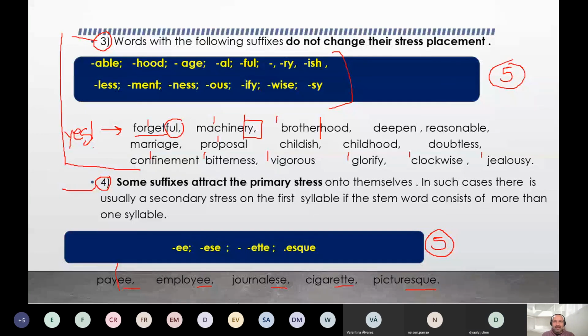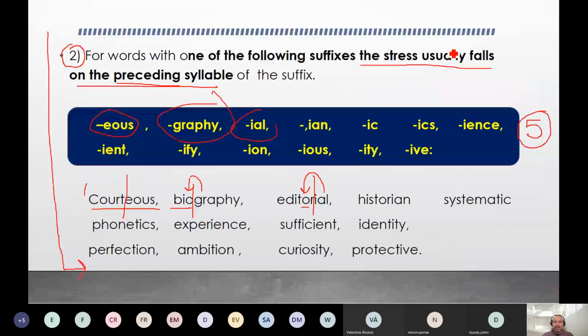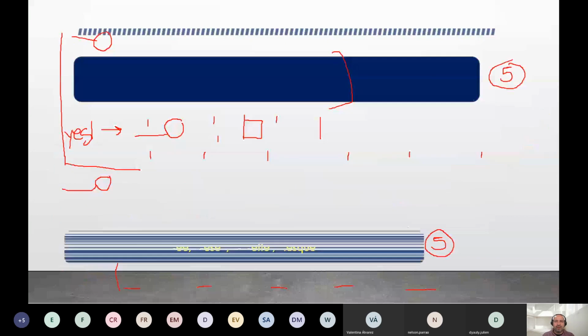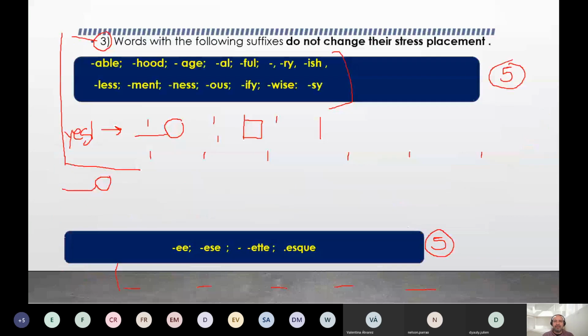Absolutely. So after the break, I'm going to give you the instructions for the activity. The activity can be done individually, or it can be done in pairs. The point is that it has to do with this blue box that has a number 5 at the end, with the boxes in the next slide that also have a number 5, right?